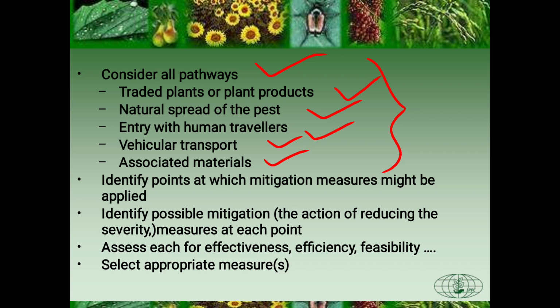Have we applied the mitigation measures during the entry of the pest, or during the establishment of the pest, or to stop the spread of the pathogen, or to reduce the severity of that particular pest? We have to know when we apply the mitigation measure.